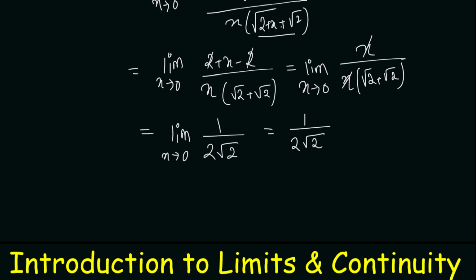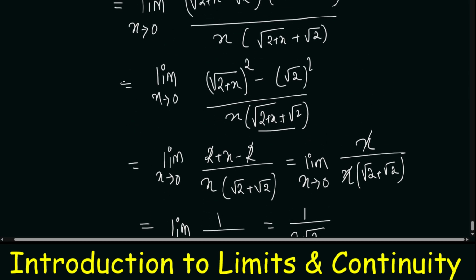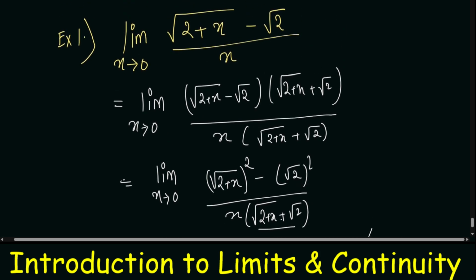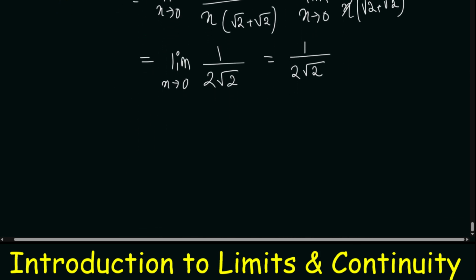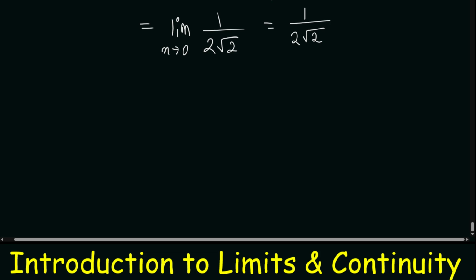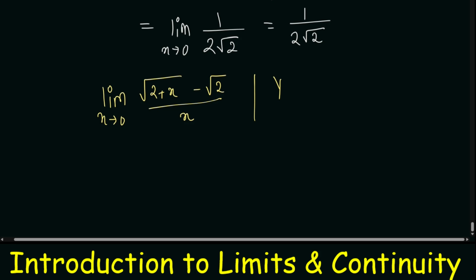So this answer was found using rationalization, and there was one more way to do this. I'm going to show you one other way to do the same kind of problem using the property we just learned. So write limit x tends to 0 root over 2 plus x minus root 2 by x, and now substitute y equals 2 plus x.